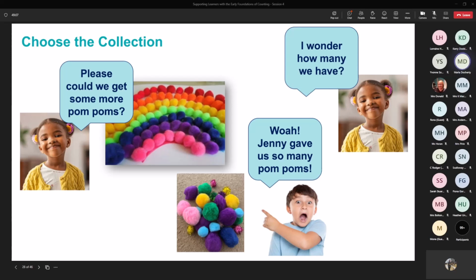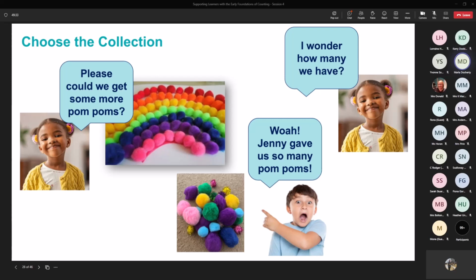So they've got this collection of pom-poms, and Alicia's already thinking, right, I wonder now how many we have. So they're beginning to move into that idea of planning the collection, because based on the experience of seeing the rainbow and reading about the rainbow, the discussions that they've had, we hope that they know then that they'll need some of each colour. And they might begin to share how they might ensure that they've got enough of each colour.